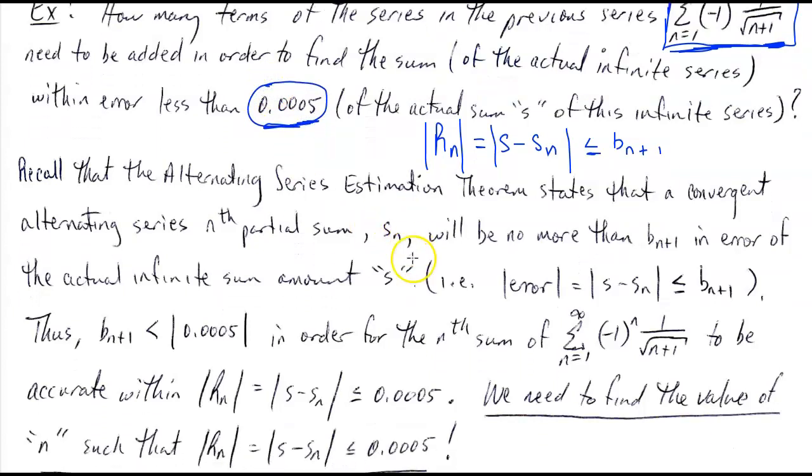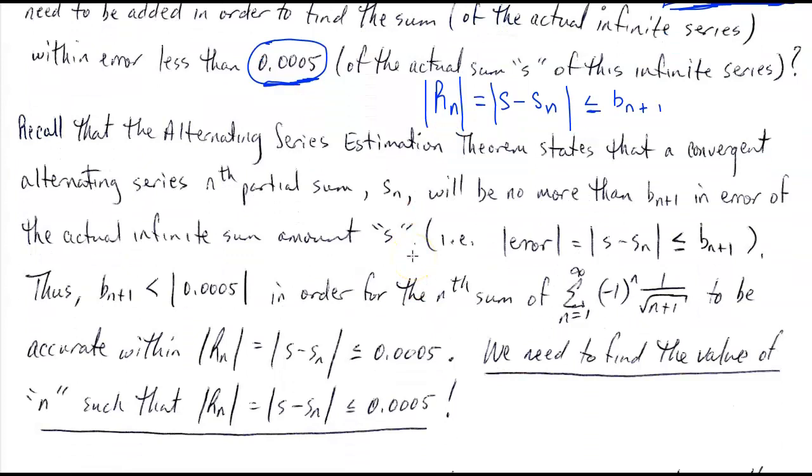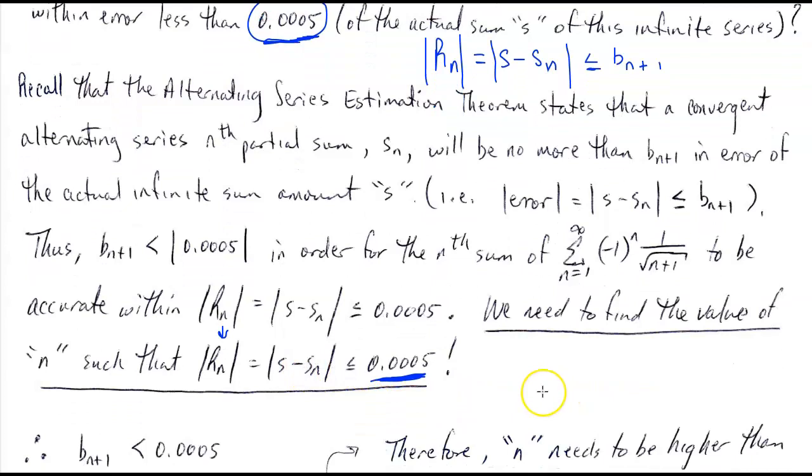So all this stuff that I'm stating down here is basically getting to this point. And so we see that whatever the remainder is, it has to be no more than 5 10,000ths, okay? And so we just need to find the value of n such that we satisfy this inequality.